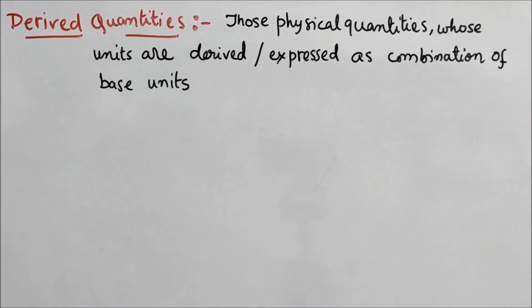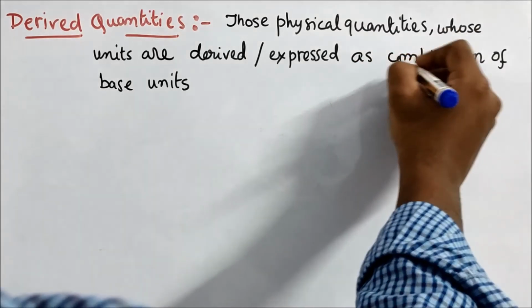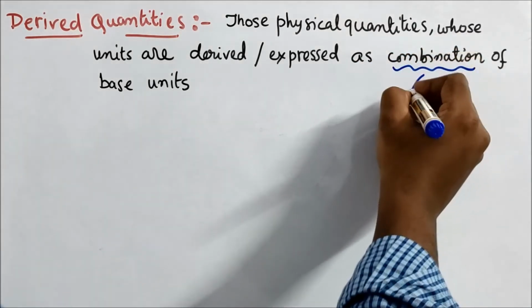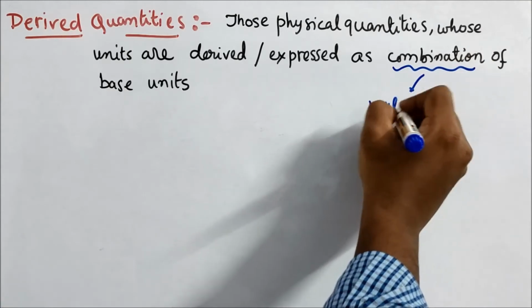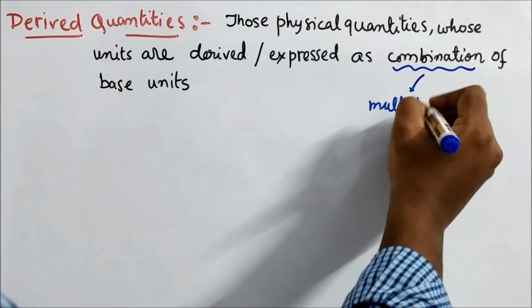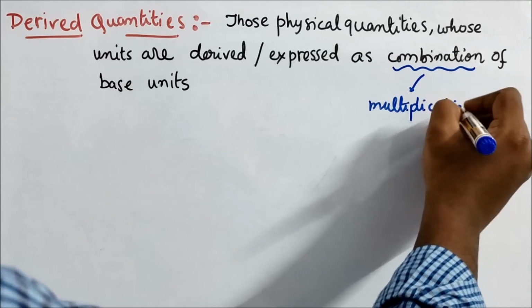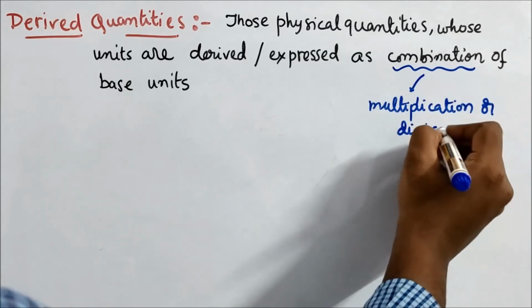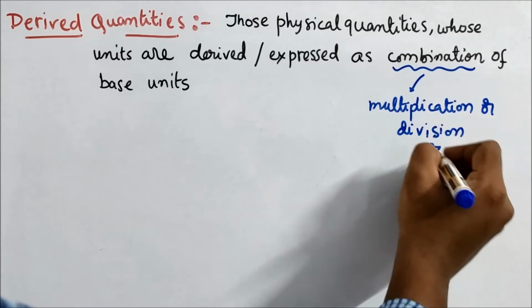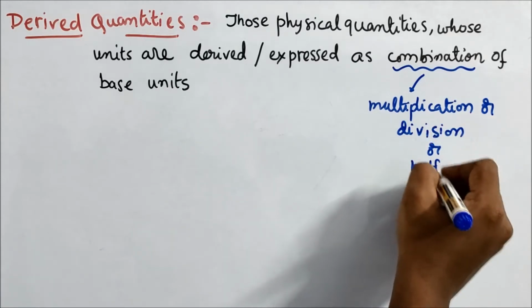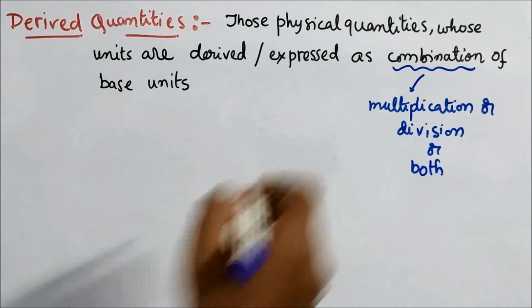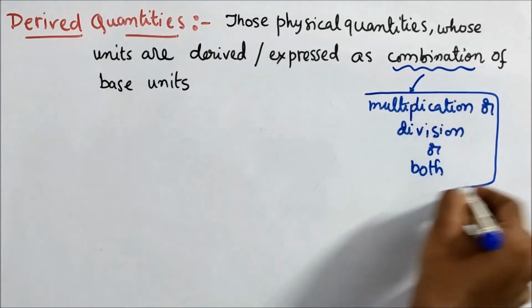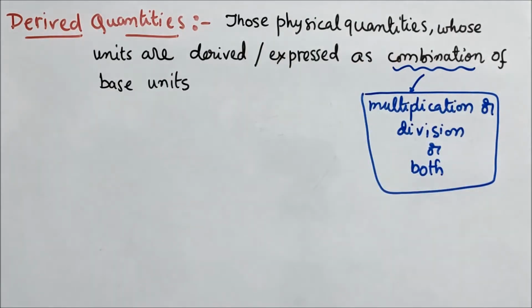So this combination is generally multiplication or division, or both multiplication and division of base units. So this is how they are combined.